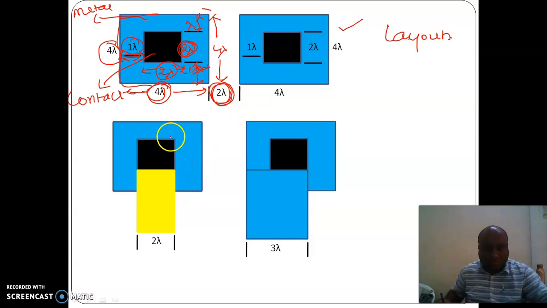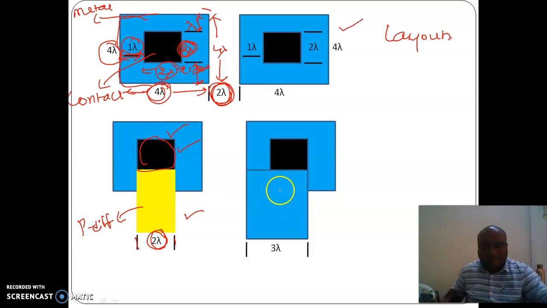Now one more aspect. Whenever, from a contact, you want to make an extension with a diffusion, yellow color is the P diffusion. The P diffusion needs to be connected with a contact to a metal. Previously we discussed that the width of the P diffusion is 2 lambda.